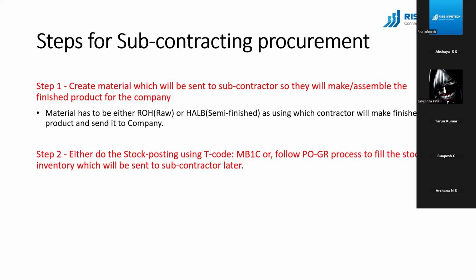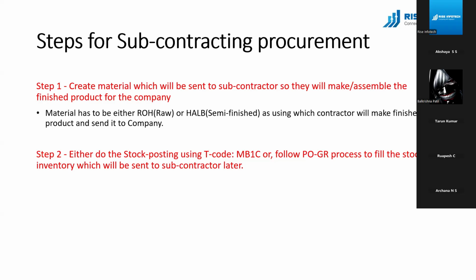We have to either do the stock posting to ensure the materials are available in stock through MB1C, or, as an example, if we are doing it through ROH, we can either do stock posting or go ahead with the PO and GR process. If it is semi-finished HALB, direct stock posting will not work.